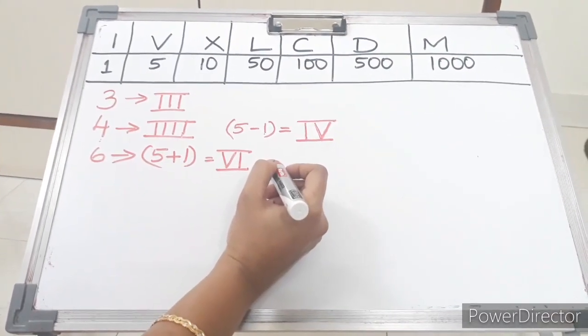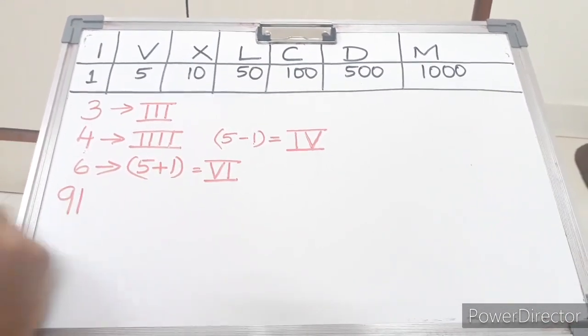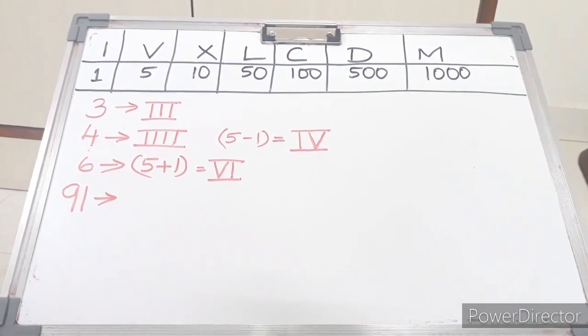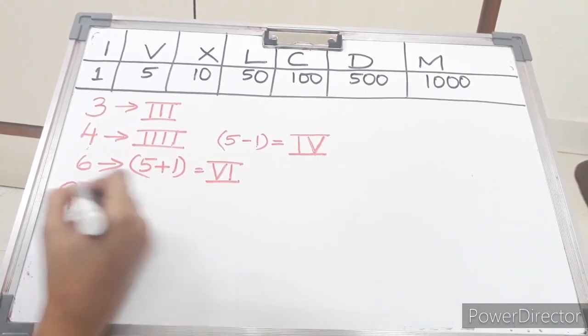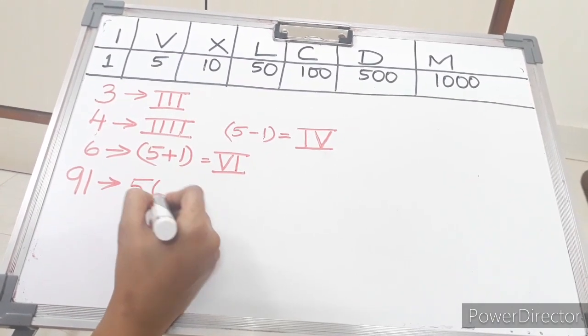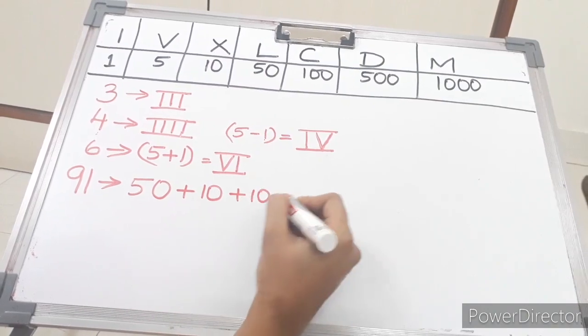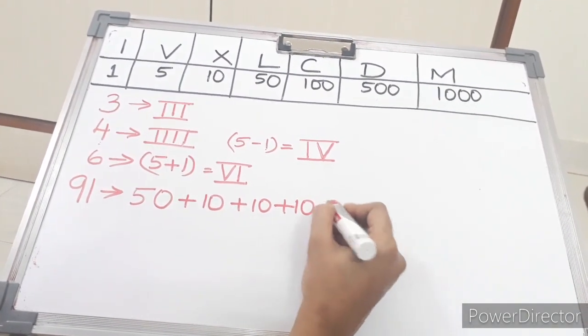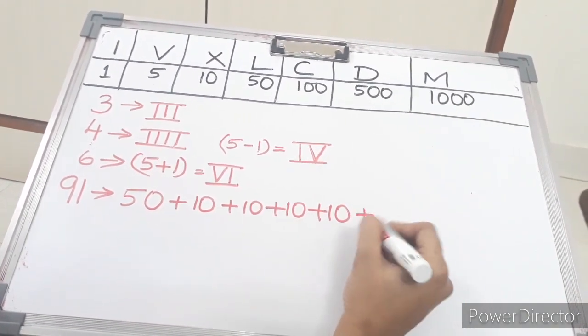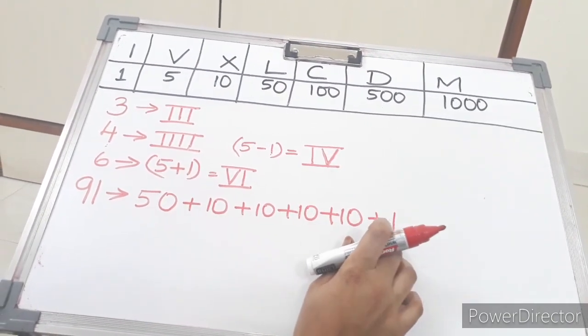Okay. Suppose we have to write the number 91. Now what do we have to do? For 91, if we simplify, 50 plus 10 plus 10 plus 10 plus 10 and plus 1: 50, 60, 70, 80, 90 and 91.